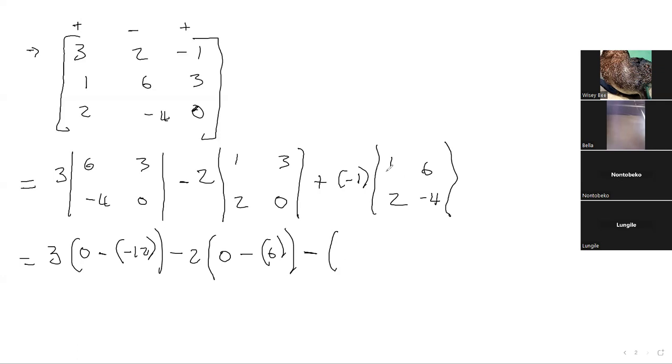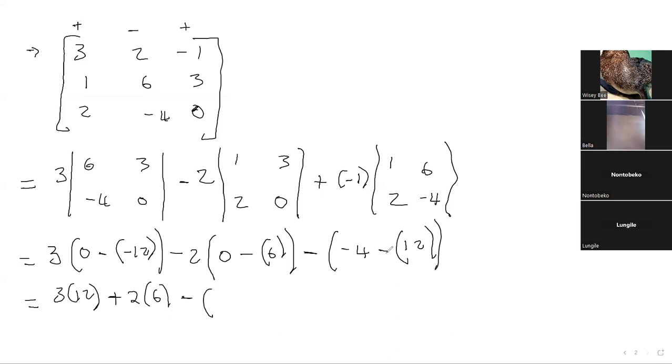Open bracket, 1 times minus 4 is minus 4, minus 2 times 6 is 12. We should still get the same answer. So this will be 3 times 12, it will be plus 2, 6, because it will be like negative 2 times 6 times negative 6, which will be positive. And then this side is going to be negative.